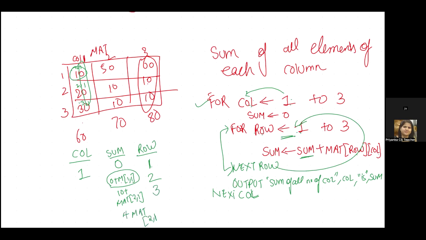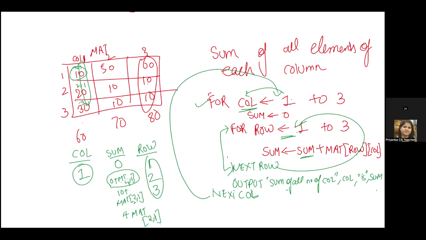So here you can see the first index is changed 1, 2, 3, and the second index is always 1. So for each value of the outer loop column, row will update completely and you just keep adding. Once you finish this row loop, you are printing the values, and next col means go back and increase the value of col.